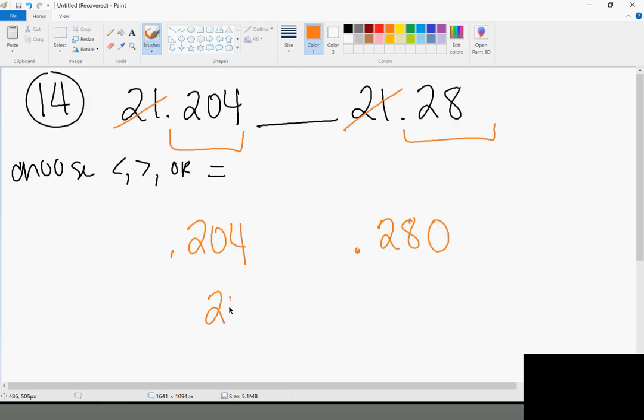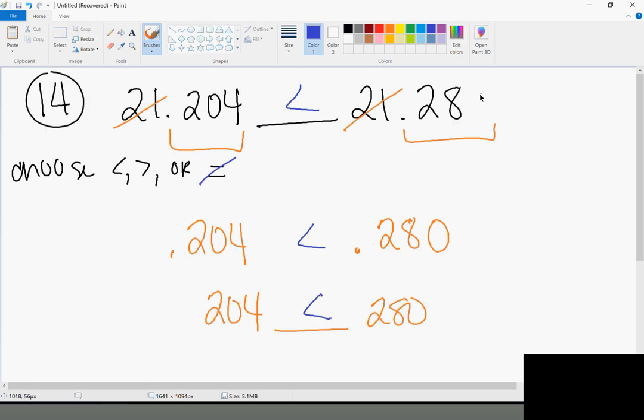And let's just ignore the decimal and compare 204 to 280. Is 204 less than 280, greater than, or equal to? Definitely not equal to. And 204 is less than 280. So that means that 21.204 is less than 21.28.